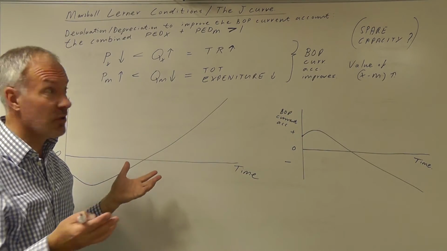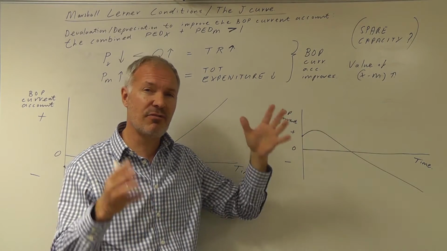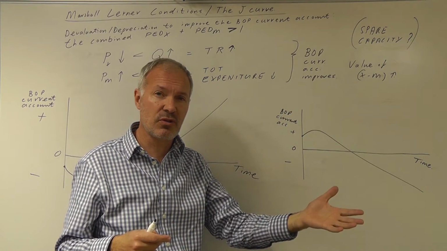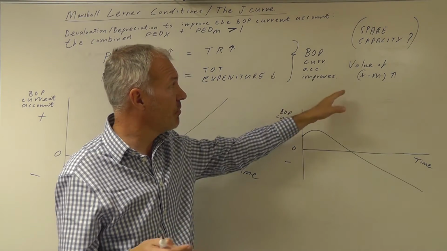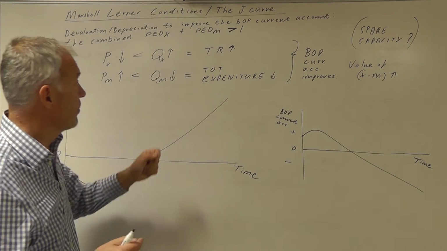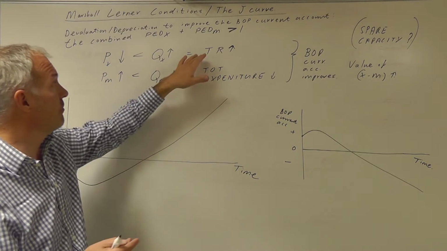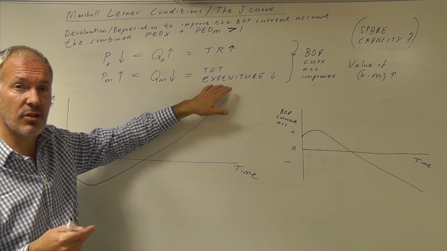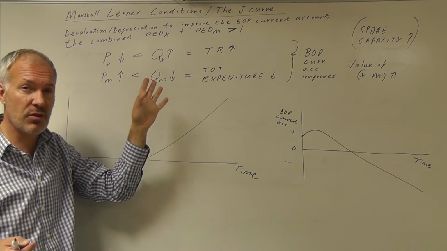And the reason for this is because the balance of payments current account is really a measure of the value of exports, which is price times quantity, minus the value of imports, which is price times quantity of imports. So really the situation you want is total revenue to go up and total expenditure to fall on imports. So it's price times quantity we're looking at.